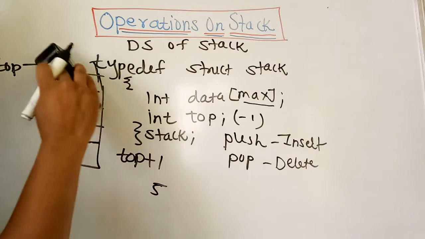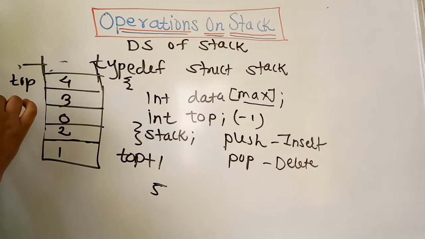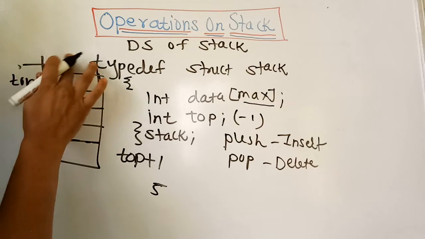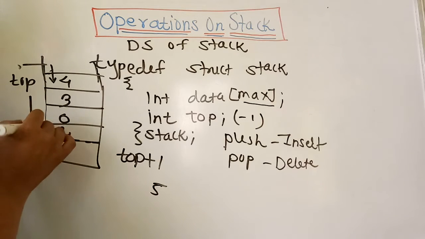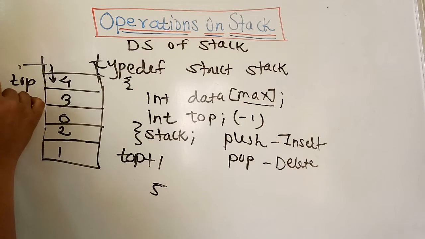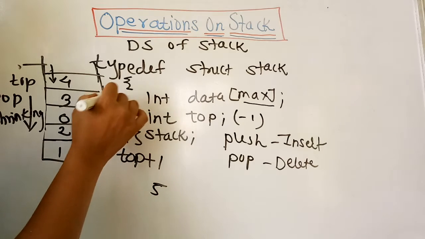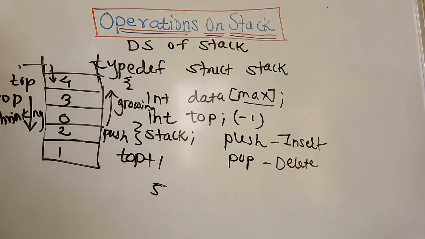Then you have to take the top - 1 position, to the lower position, because it will point to the next element of the stack. In this case the stack is shrinking. In the pop operation the stack is shrinking, and in the push operation the stack is growing. Okay, so these are some basic mechanisms or different operations based on the stack.